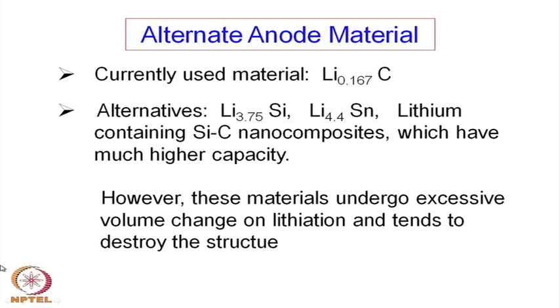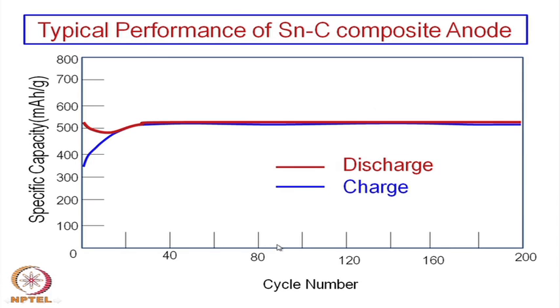So, that needs to be considered. It happens in all the intercalation compounds, but lithium cobalt oxide or lithium graphite is acceptable, whereas the other things also need to be understood, how much one can accept the volume change.